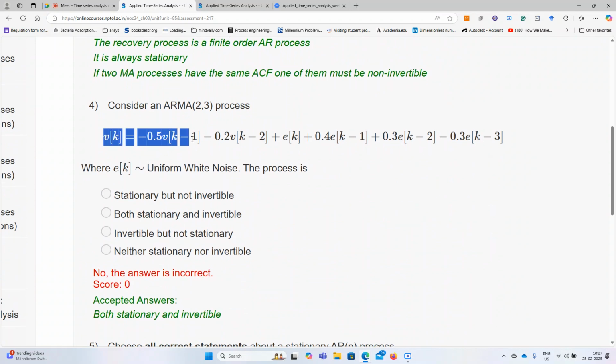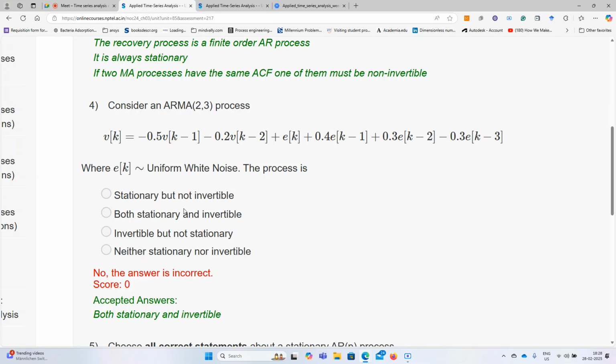Okay, consider an ARMA(2,3) process. So let's say this is your random signal with all these white noises, which depends on its own past internally. It's not independent of itself, but depends on itself also. Then what is the answer? So it is invertible, and it's stationary. That's the question.